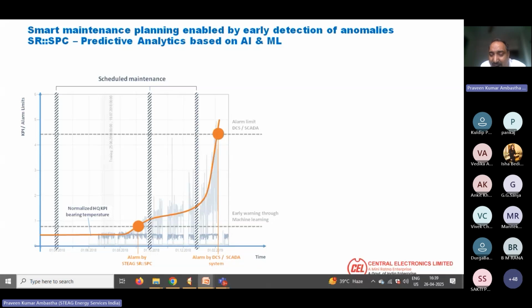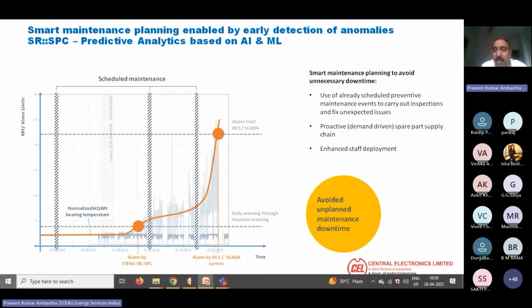So you can avoid this outage, because SPC, or predictive analysis, will give you the alarm well before the real problem occurs, well before the shutdown, the real alarm. So it avoids unplanned maintenance downtime. This is one of the very important criteria.